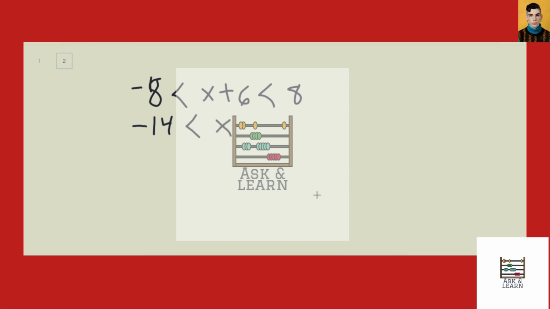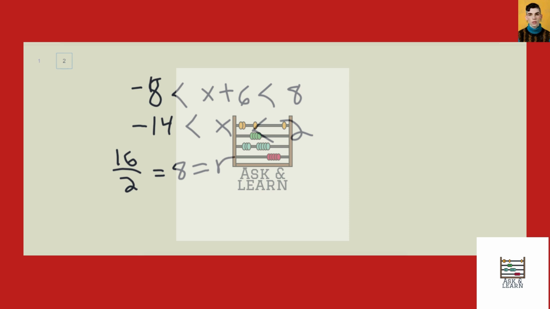And if we subtract 6 from 8, then we get 2. So the length of the interval of convergence is 2 minus -14, which is 16. Radius of convergence is half of the length of the interval of convergence. So indeed, we get 8 as the radius of convergence.